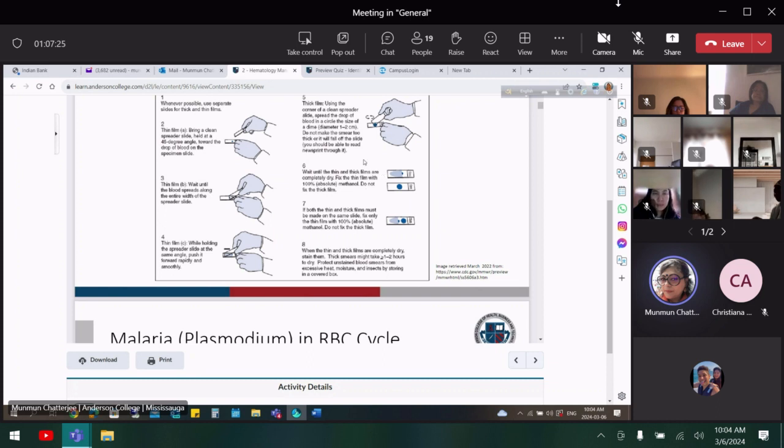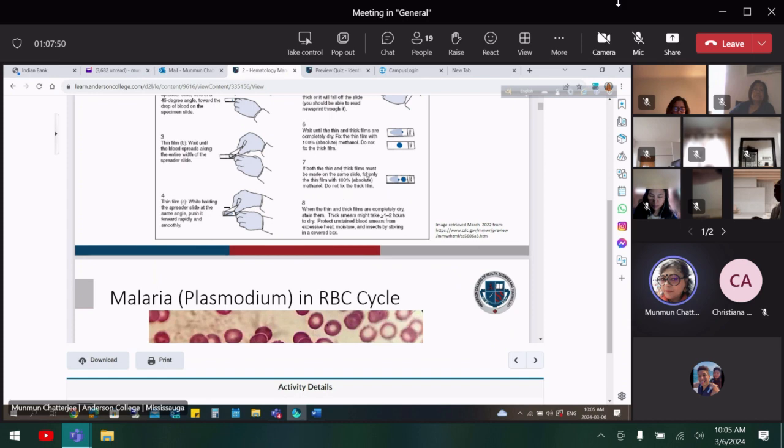So only the thin film you are going to fix with 100% or absolute methanol, not ethanol or isopropyl alcohol. The thin film for the malaria slide has to be fixed with 100% methanol, also called absolute methanol. Do not fix the thick film.